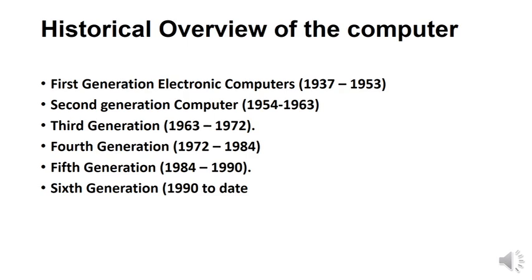Then the third generation of computers started in 1963 to 1972. The third generation brought a huge gain in computational power. Innovations in this era included the use of integrated circuits, or ICs, semiconductor devices with several transistors built into one physical component.